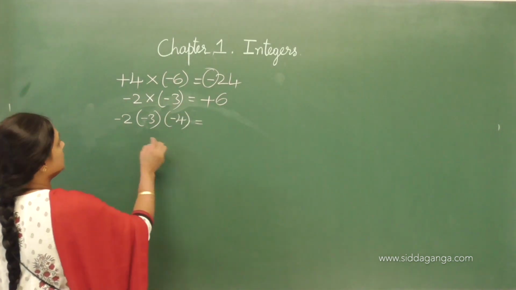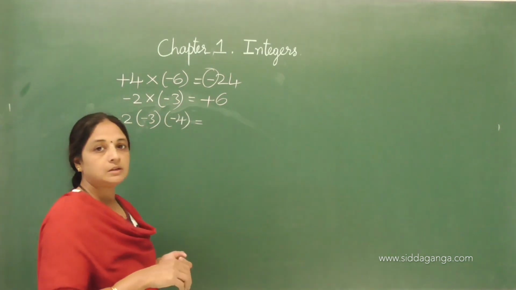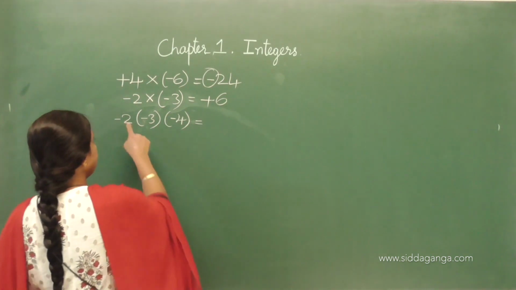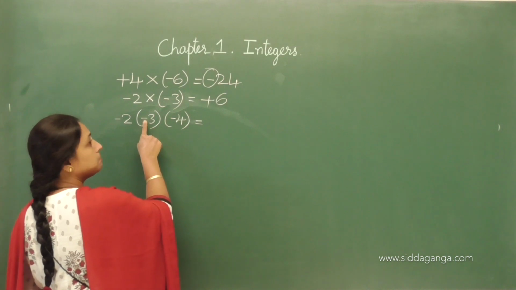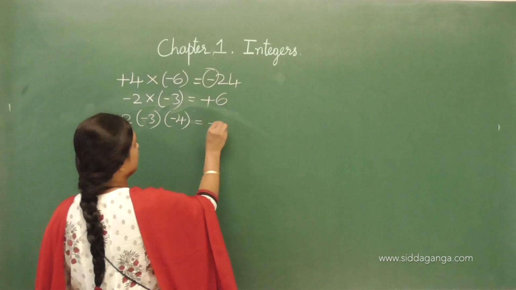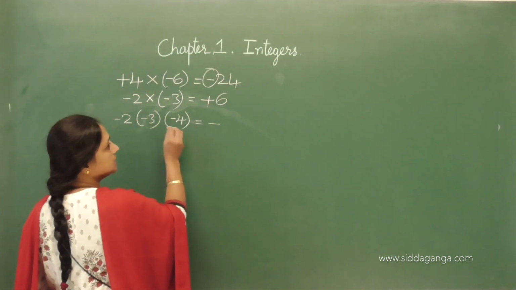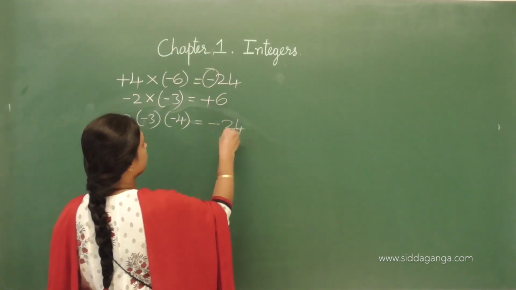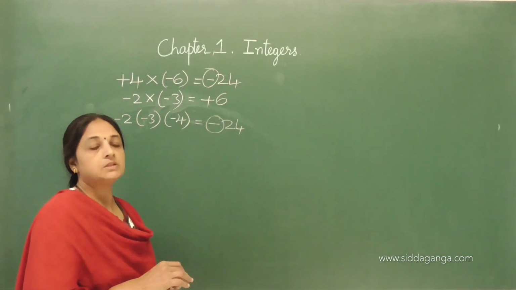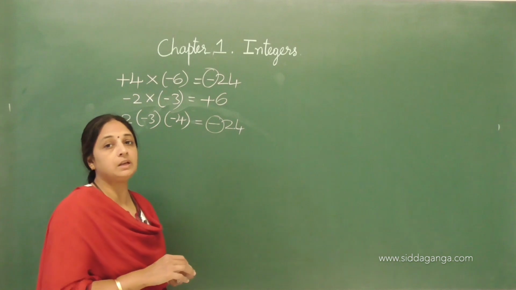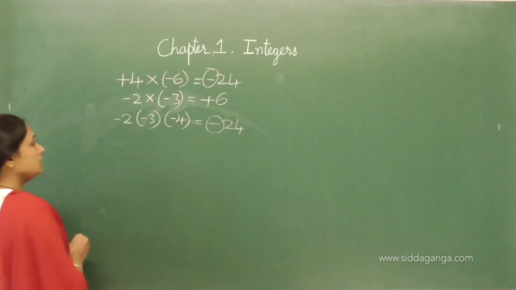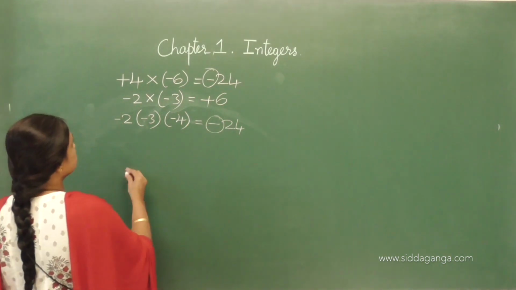First we multiply signs. Minus into minus is plus, plus into minus is minus. Then 2 3s are 6, 6 4s are 24. So we get a negative integer. Always when we multiply three negative integers, the product will be negative.